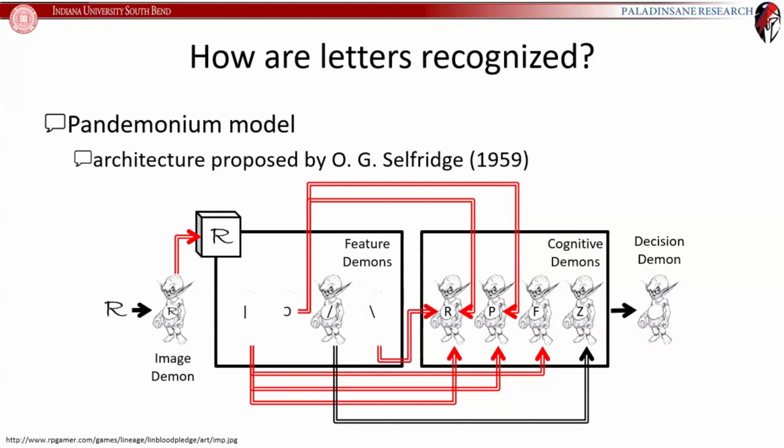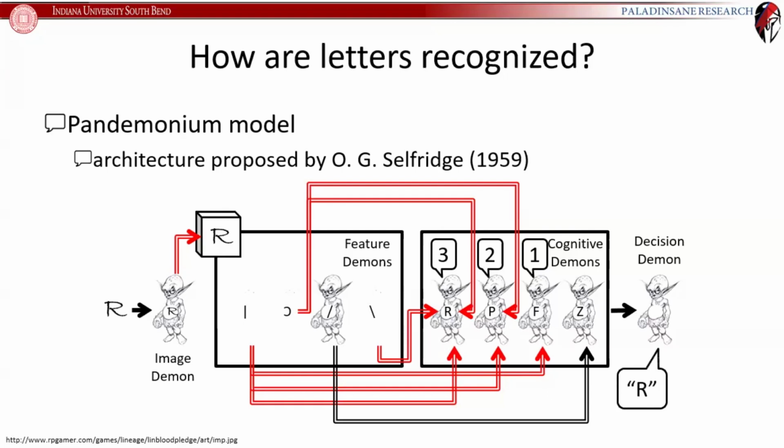And then once again, the cognitive daemons are comparing notes. The R cognitive daemon says, 3 feature daemons have reached out to me about how angry they are. The P cognitive daemon says, I only heard from 2. The F cognitive daemon says, I only heard from 1. And the Z cognitive daemon had no idea anything was going on. And once again, the decision daemon takes a look at this and says, you know what?